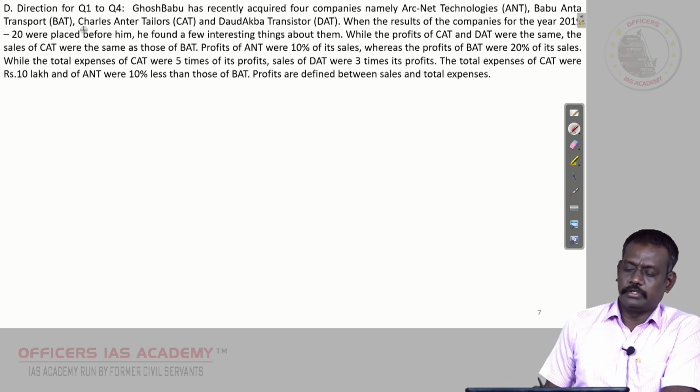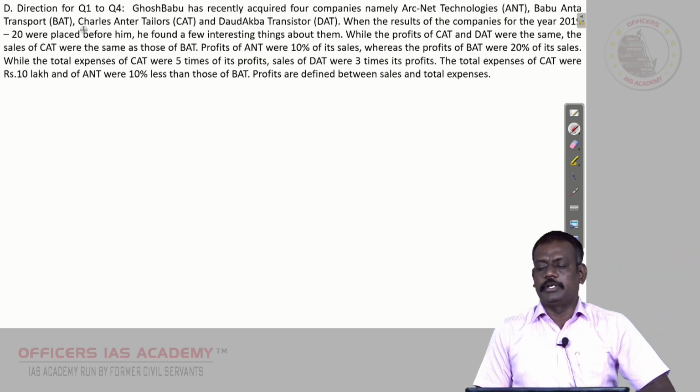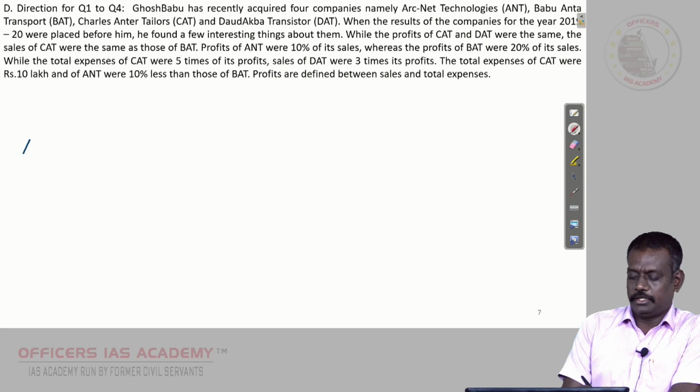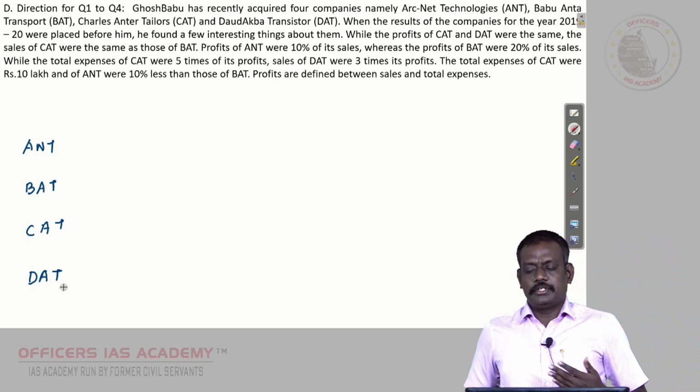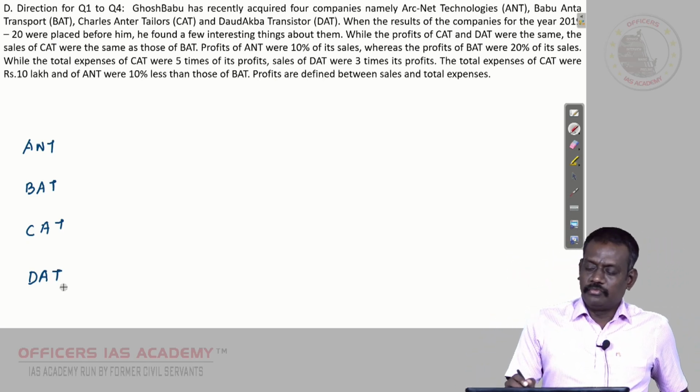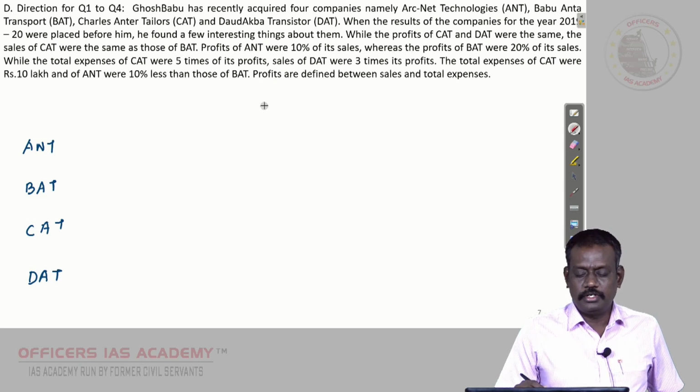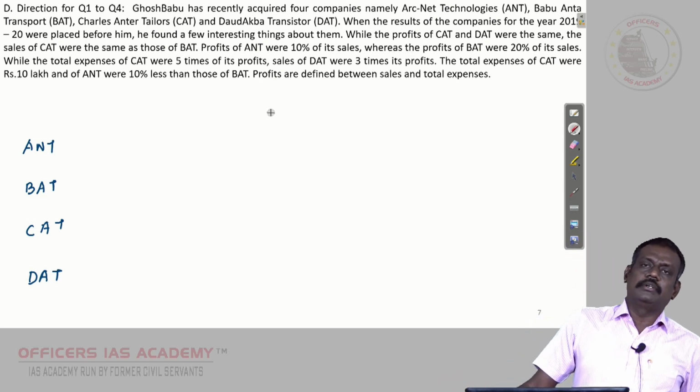So it is given the names of the companies, namely Ant, Bat, Cat, and Dat. And next it is given the profit, revenue, and the sales, isn't it?